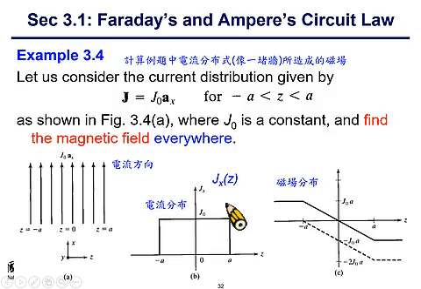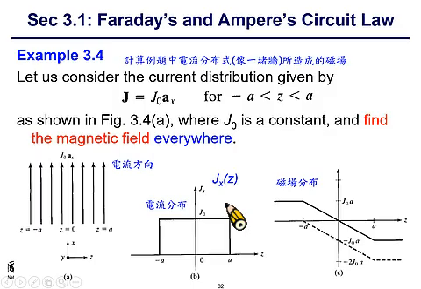All right? Between minus a and a in the z direction, there is a current going up in the middle of the classroom.